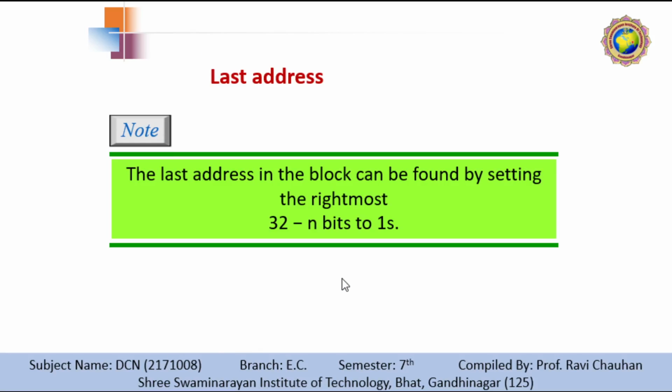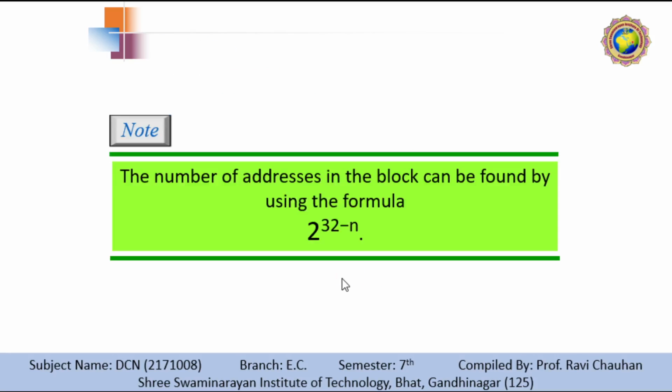Now, the number of addresses. The number of addresses in a block is the difference between the last address and the first address. It can easily be found using the formula 2 raised to 32 minus n. Okay, so let's have an example for the same.